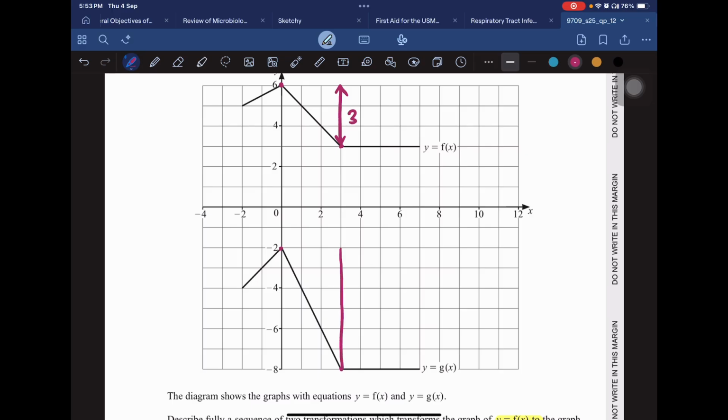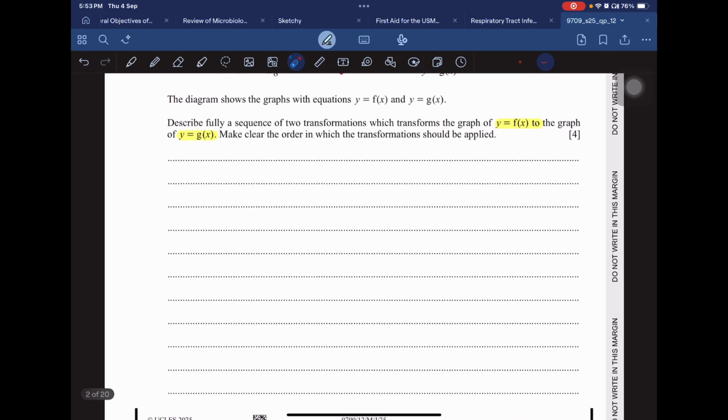The distance between these is 6 units, right? So we can see over here that to go from f(x) to g(x), f(x) has been stretched vertically, and the distance of the highest and lowest point has become double. So that means that it has been stretched vertically with a factor of 2.